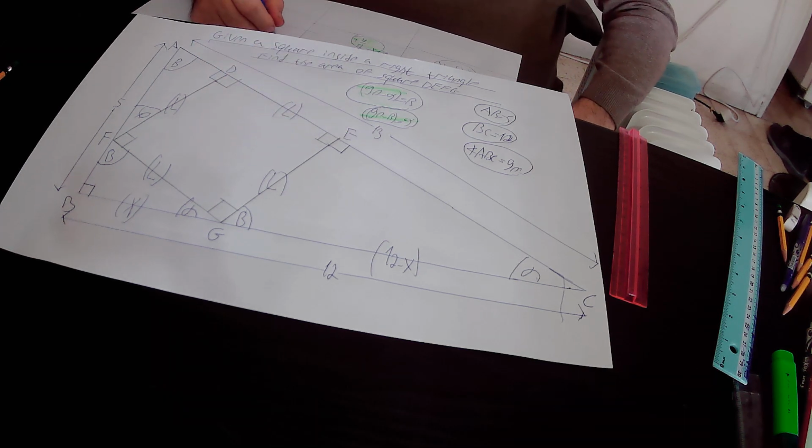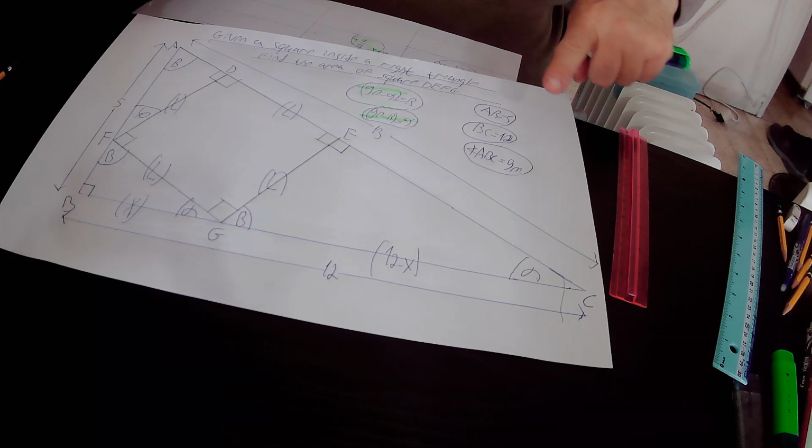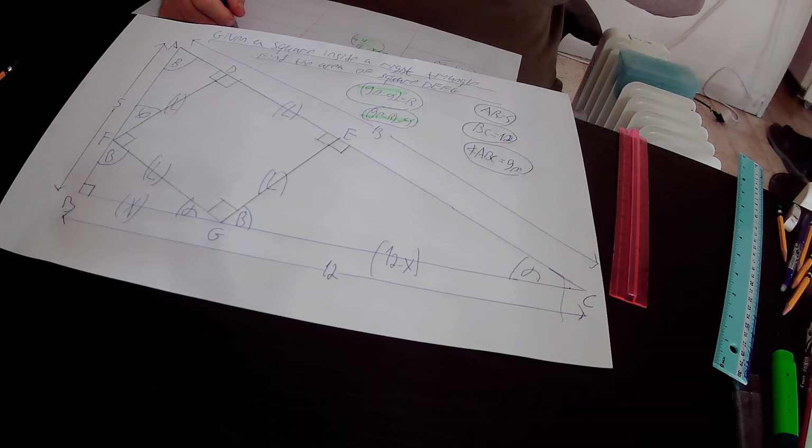GE is L, and it is equal to AC. AC is 13 over AB. AB is 5.